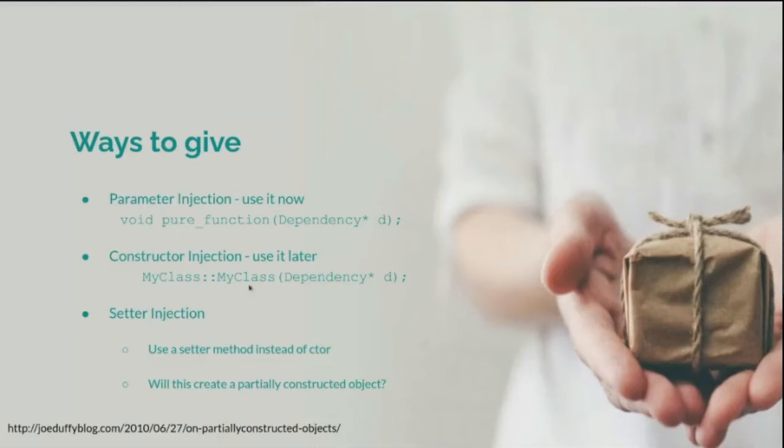For terms of art, we did a parameter injection version where we did it with just the function, and we did a constructor version, right? Makes sense? Yeah. There's one more called setter injection, which is basically parameter injection for a class. Though potentially you have to think about whether or not you've done a partially constructed object. Otherwise, it's just the same.